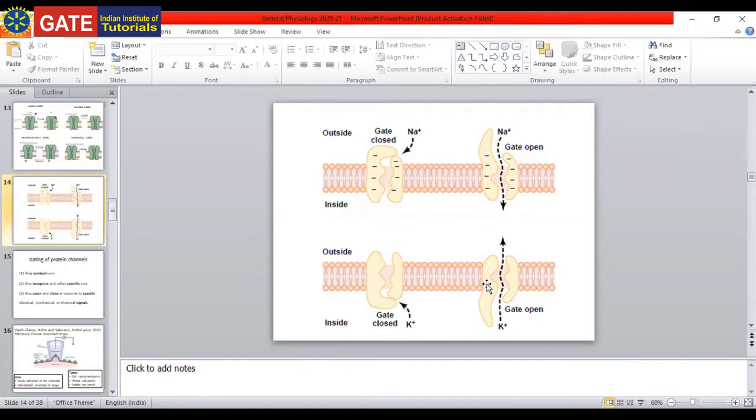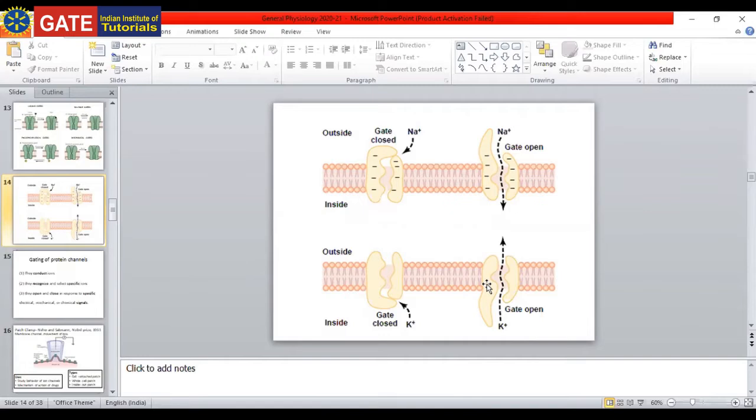Now, what will be the tendency of the sodium to move towards? What I'm asking is, as you said, sodium is more outside the cell, right? Yes, that's correct. Now, what will be the tendency of the sodium to move towards? It will move inside. Why do you think it will move inside? Why do you think it will not stay outside?